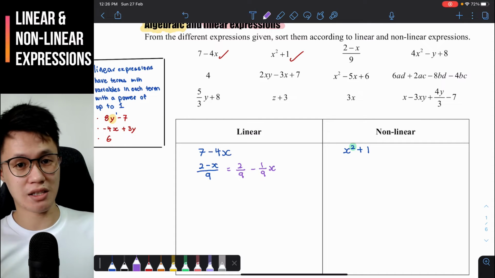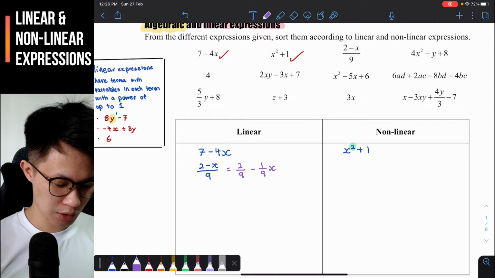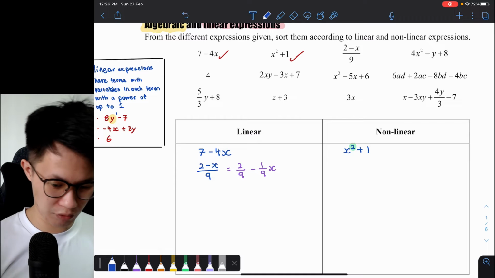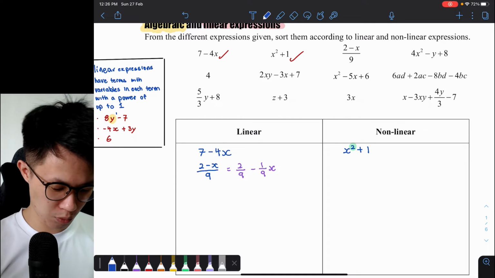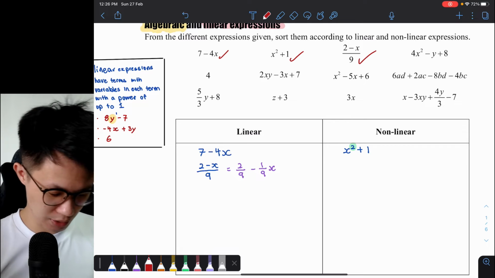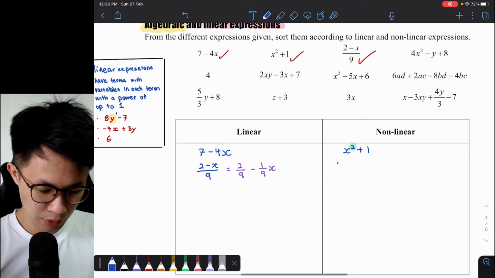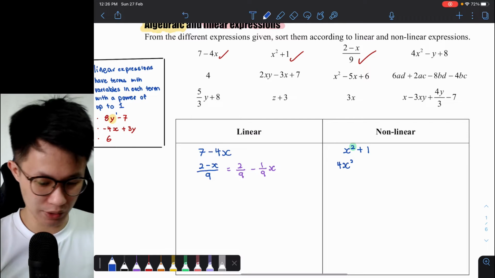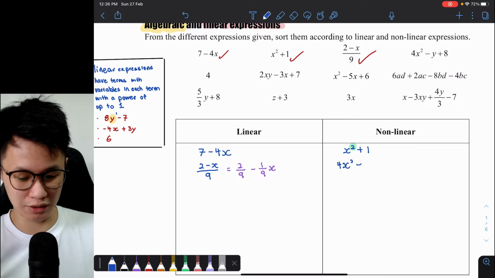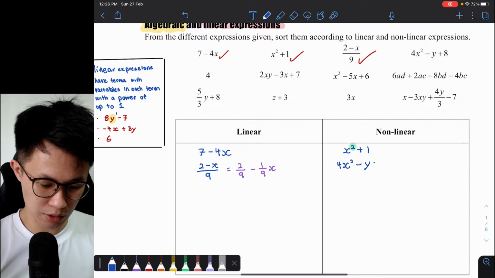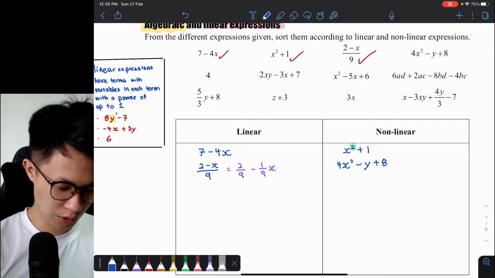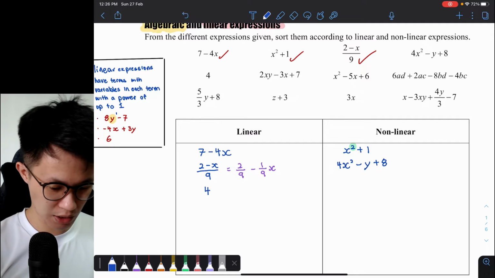So this is still linear. Next we have 4x squared minus y plus 8. This is non-linear just because of one term, the 4x squared term. The number 4 is linear, as we said earlier.